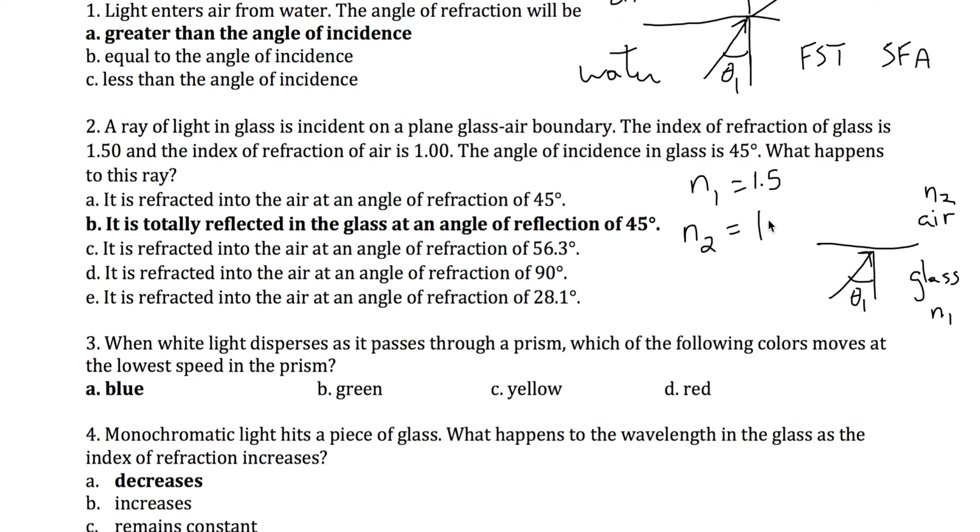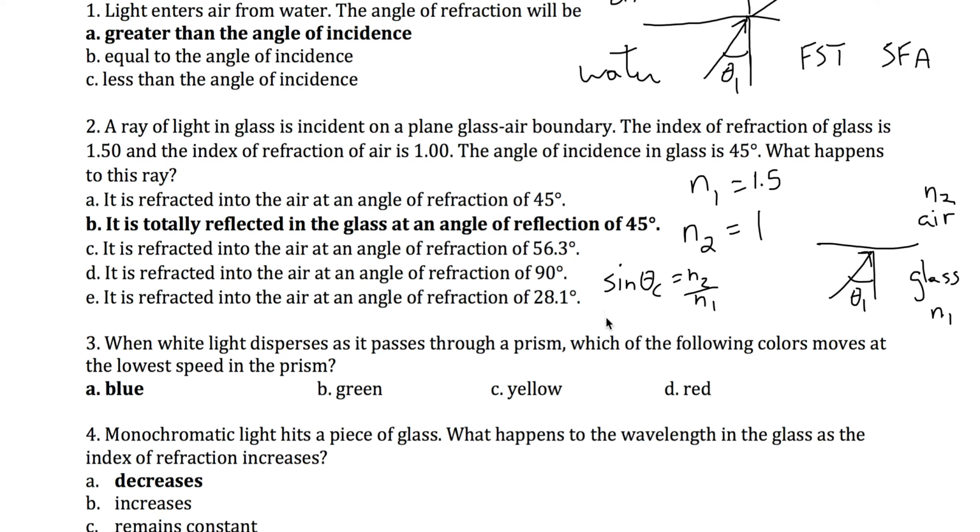So the first thing you can do when you're going from a high index to a low index is see what my critical angle is. So the critical angle is given by sine of the critical angle equals N2 over N1.